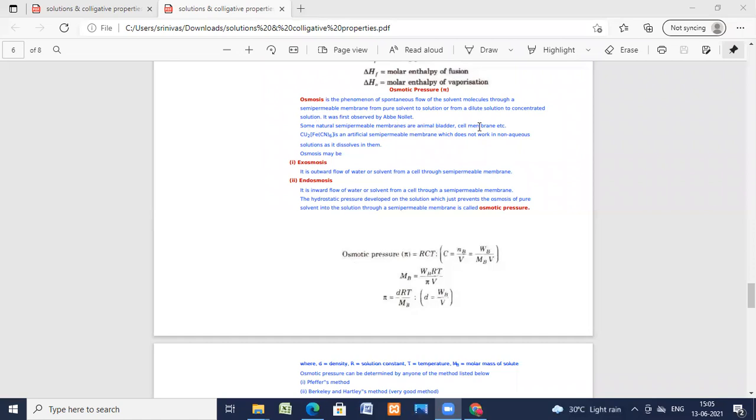Now, what is osmotic pressure? We'll see what is endosmosis, what is exosmosis, and what is osmotic pressure.